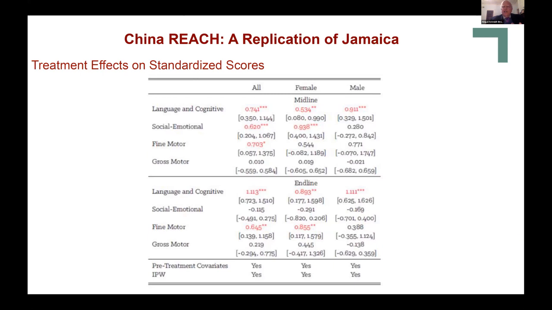It's just south of Xinjiang, way out, almost against Kazakhstan, between Tibet and Xinjiang. These are very poor people in a remote area. And the program has the following features, following Jamaica. We go to the parents or the surrogate parents.